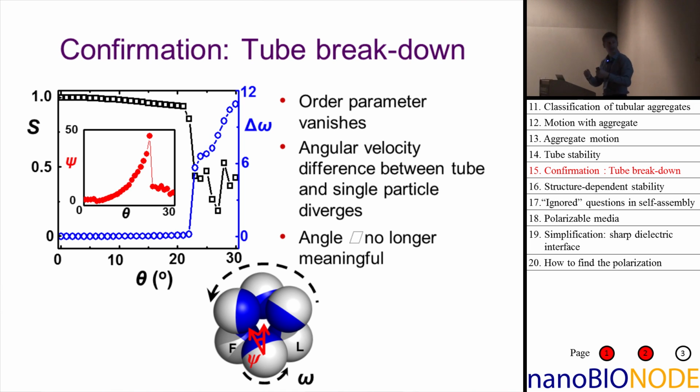You need a huge torque. Psi becomes so large that it's just no longer a stable structure, and the whole thing flies apart. And we can then finally also look at the blue symbols. That's the difference in angular rotation frequency of the individual particles and the cylinders as a whole. And of course, that has to be 0, and that's exactly also what disappears at this critical angle.